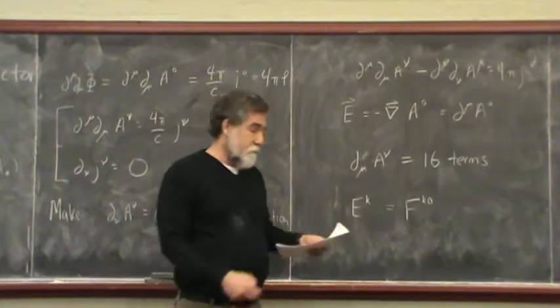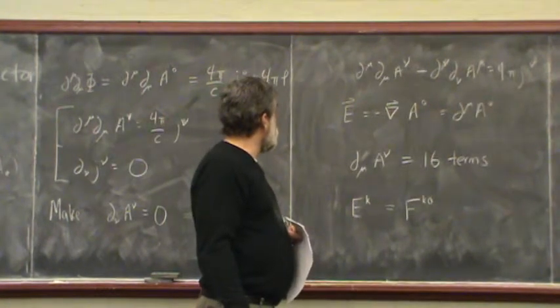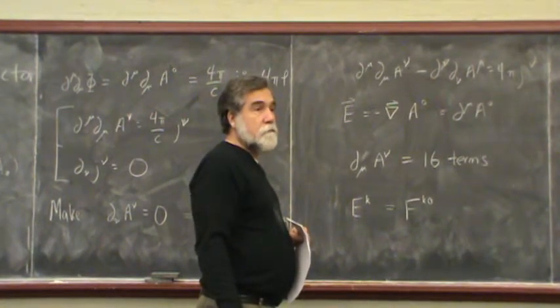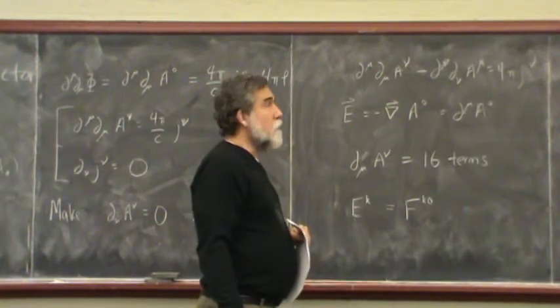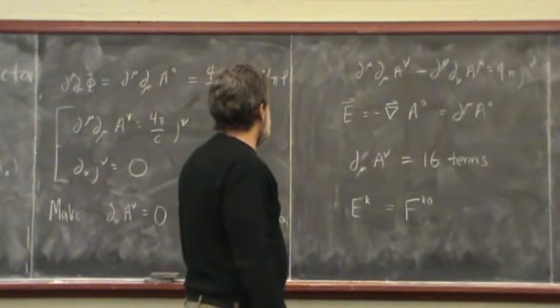For the expression for the electric field, you have the gradient and then the partial with mu. Wouldn't that involve a time derivative, so you would get a 4-dimensional electric field? Here, if I write that, yes.